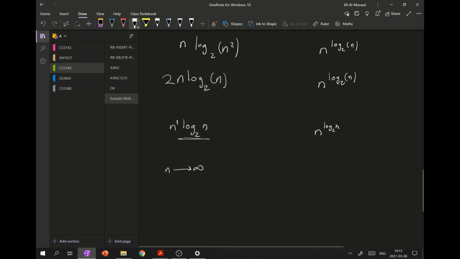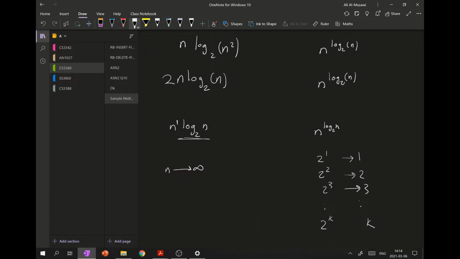As n goes to infinity, the exponent keeps increasing as well, because log 2n is increasing in n. So if you want to imagine powers of 2, right? We have 2 to the 1, 2 to the 2, 2 to the 3, and up to 2 to the k. So you take the log, we get 1, we get 2, we get 3, up to k.